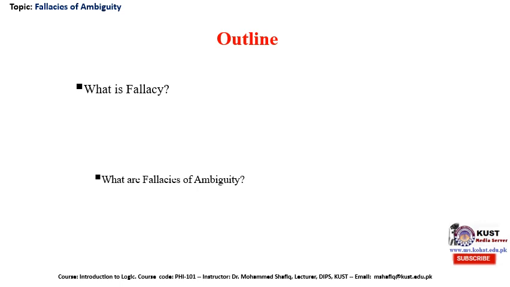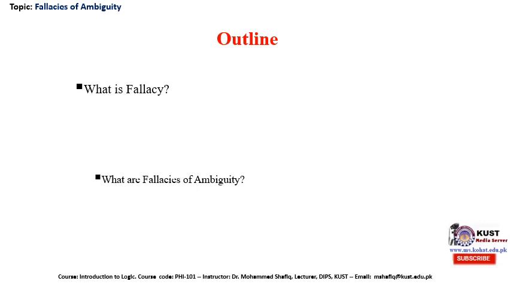Fallacies of ambiguity are the kinds of fallacies we commit due to the confusion of meanings of the words within an argument. A term may have one meaning or one sense in the premise, but it might be used in another sense or meaning in the conclusion.